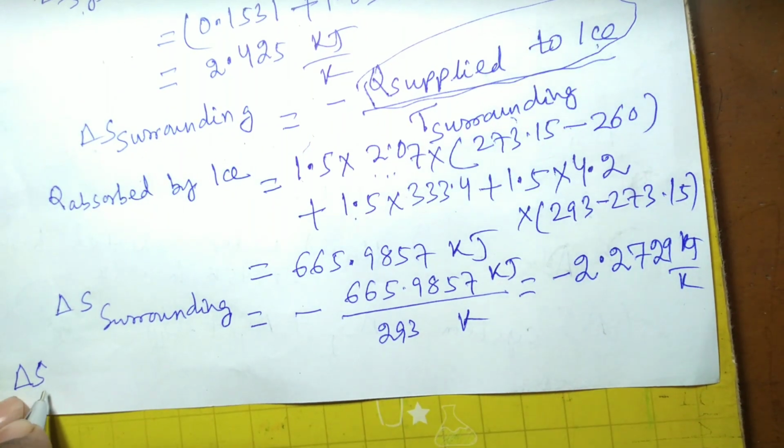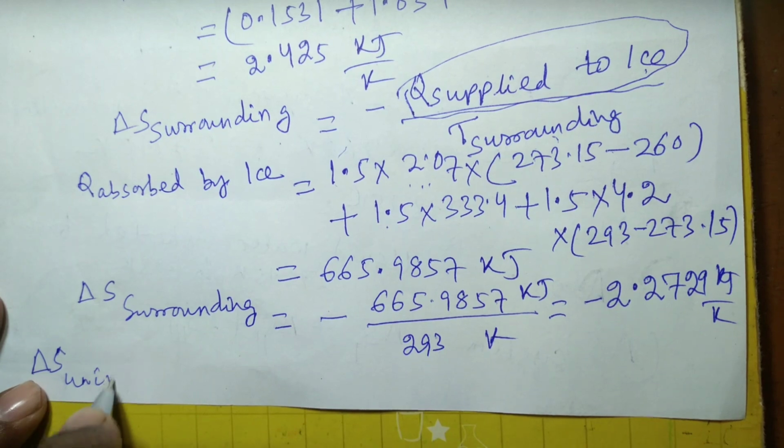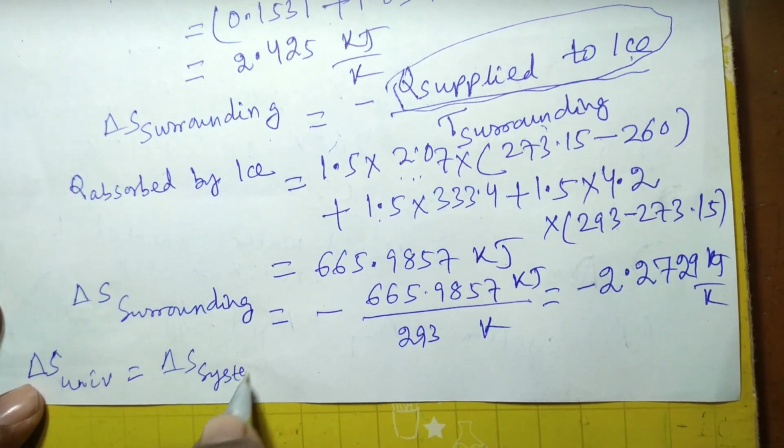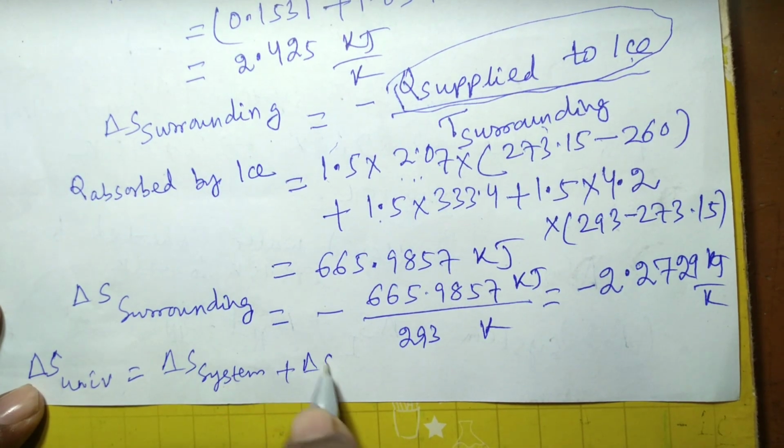But our ultimate objective is to find out delta S universe, which will be the same as entropy generation. So delta S universe will be delta S of system plus delta S of surrounding.